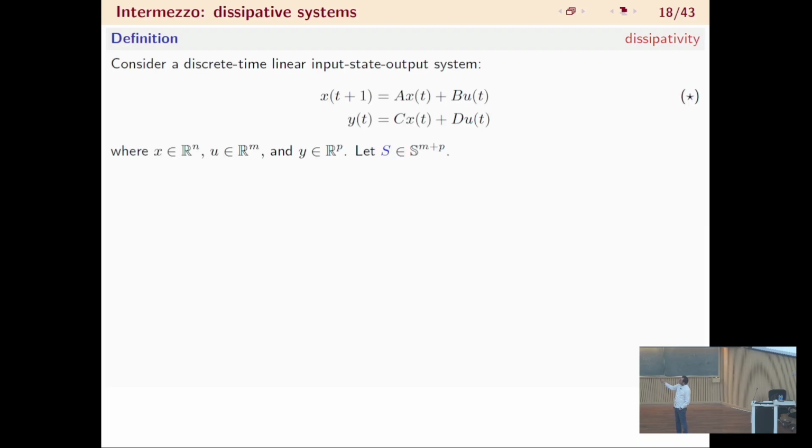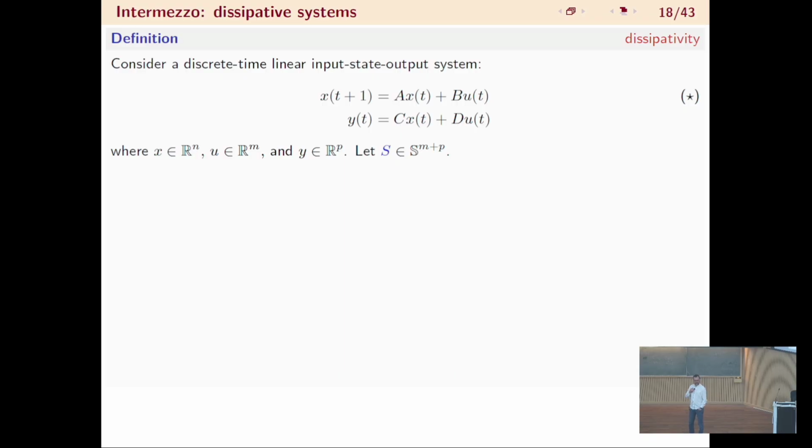So we start from an input state output system. X is state, U is input, Y is output. They have corresponding dimensions. X is n-dimensional, U is m-dimensional, Y is p-dimensional.